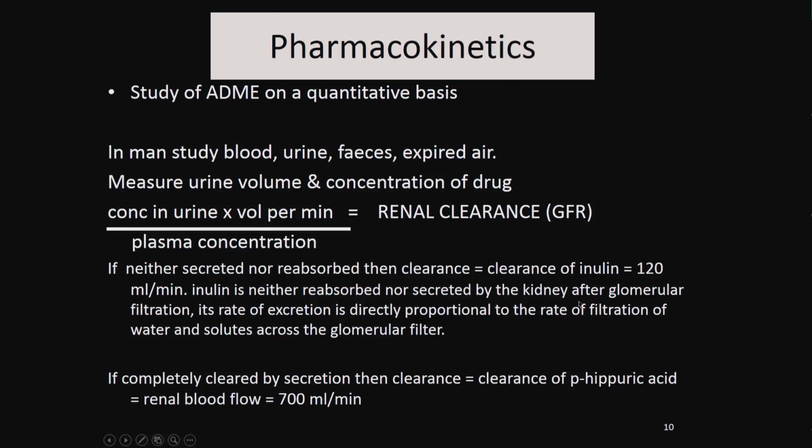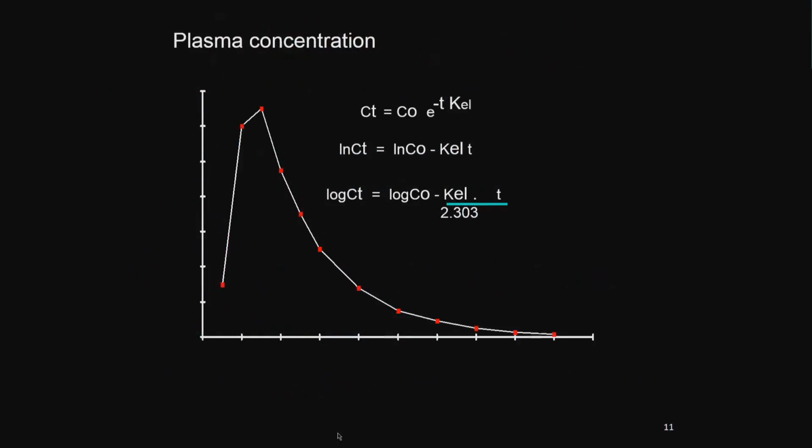We can use inulin to check how good the system is at excreting. If it is completely cleared by secretion, then clearance equals the clearance of P-hippuric acid, that is renal blood flow, which is around 700 ml per minute. These parameters are very useful to understand how the kidney works and how clearance in the urine happens, and they also give you a measure of GFR.